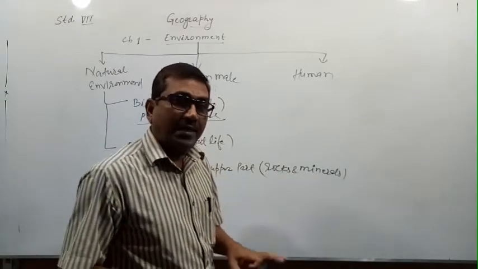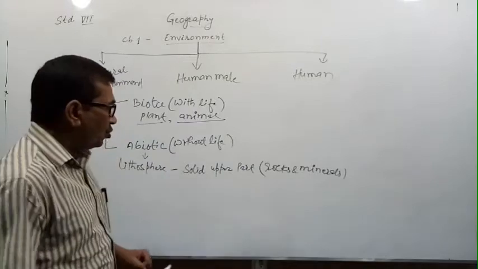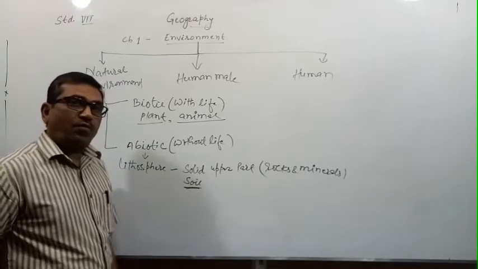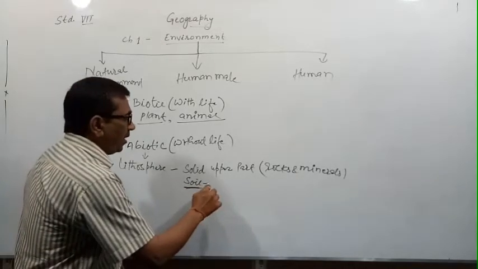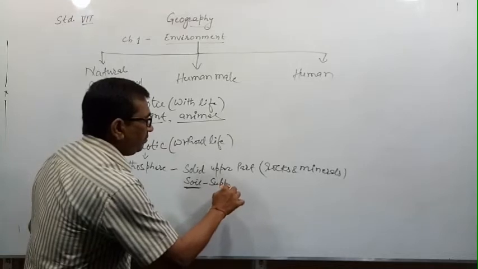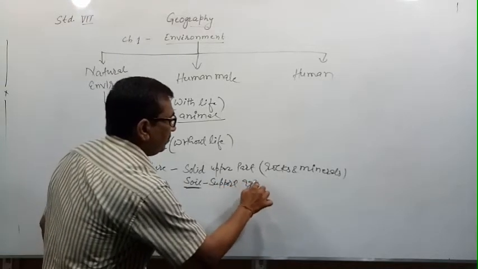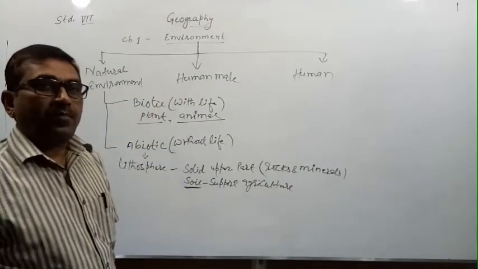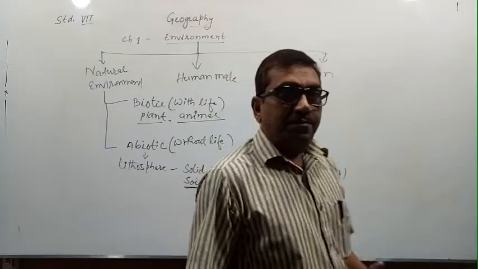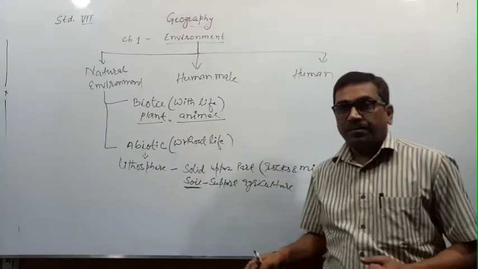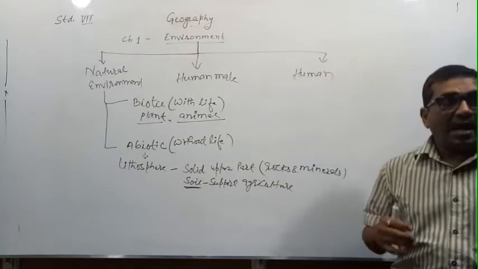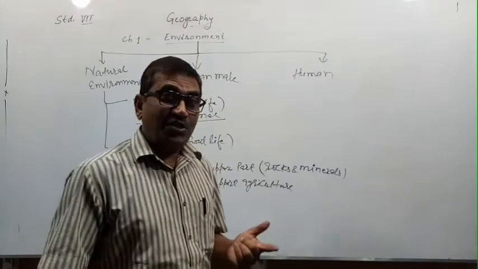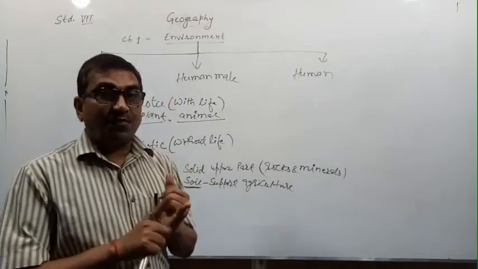We are living on this and residing on this. Soil is a part of it. Soil is made up of rocks. Soil is the part which supports agriculture, and since agriculture is supported, it provides food.